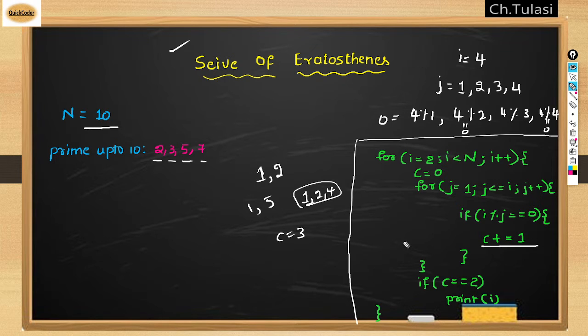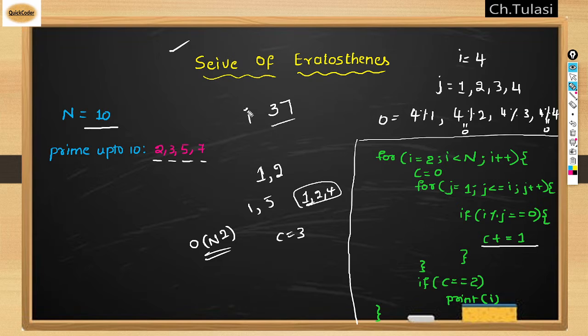This is also a very good algorithm, but the time complexity is n square, and if there are more numbers, for suppose 37, I think 37 is a prime number.